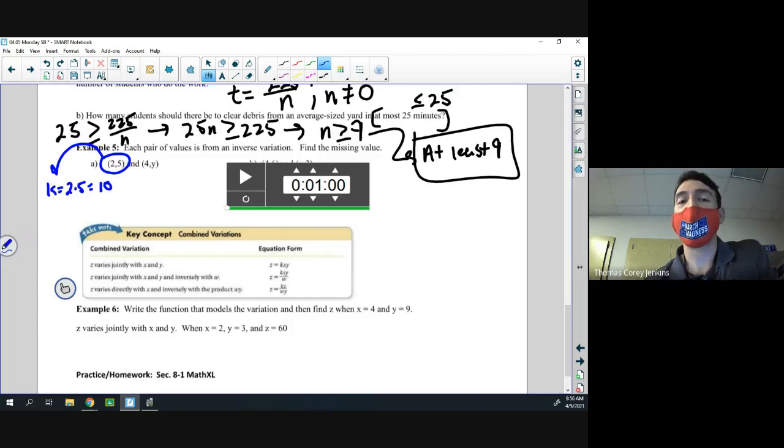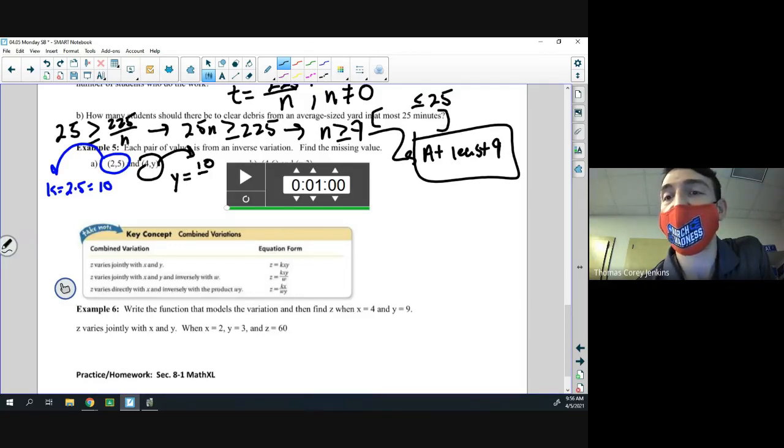Now that we know that, we use y equals k over x to answer the next part. So y equals k is 10, x is 4. 10 divided by 4 is going to be 2.5.